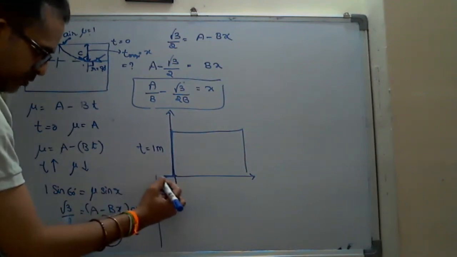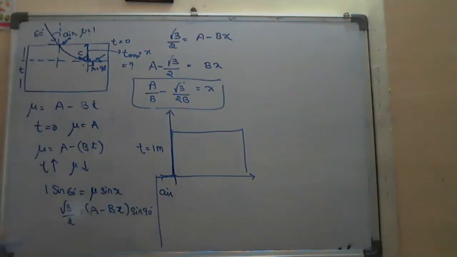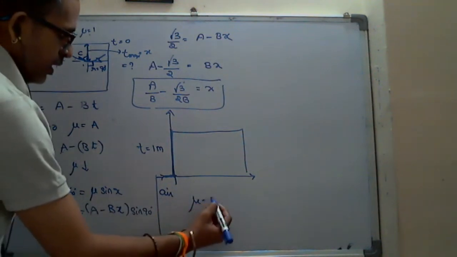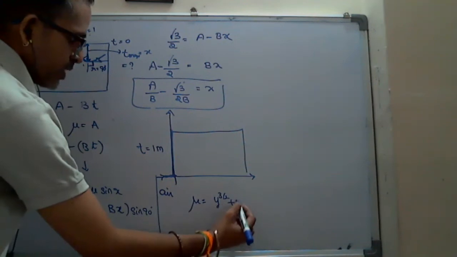Light enters from here like this. In that problem, mu changes with the y coordinate. He gave mu is equal to under root of y power 3 by 2 plus 1.